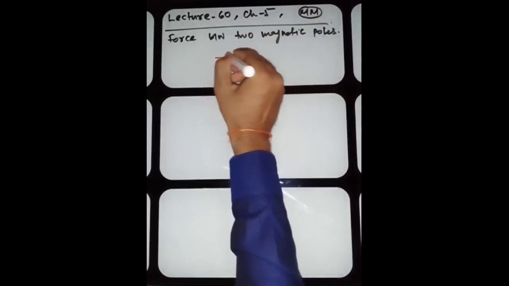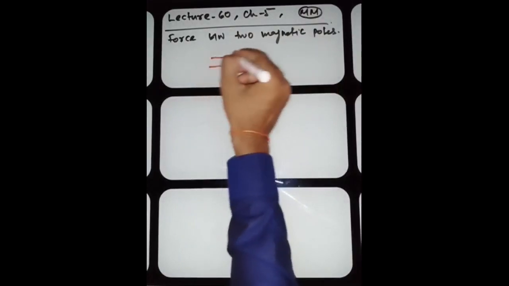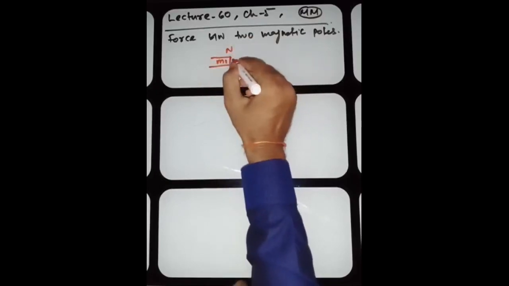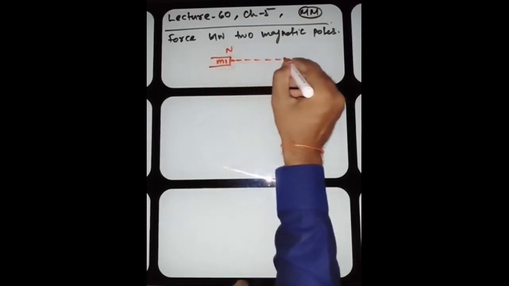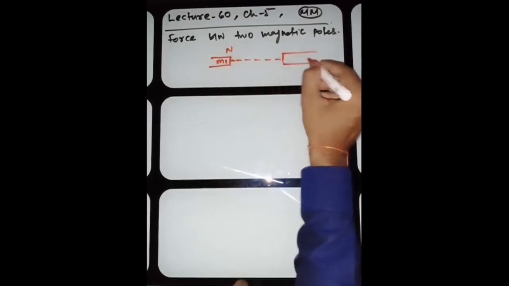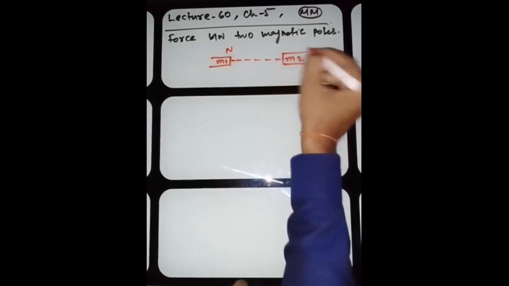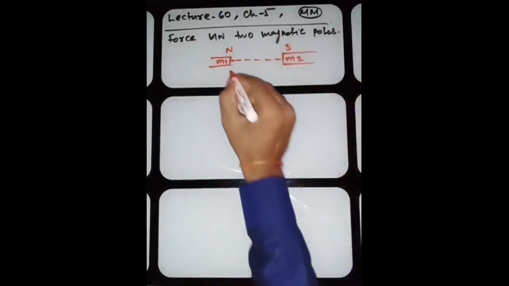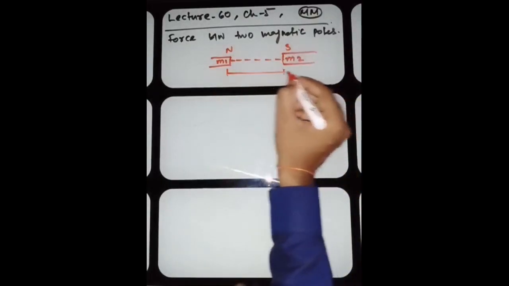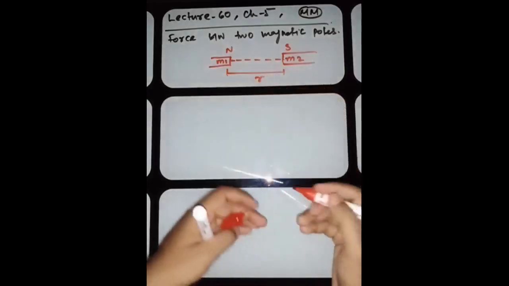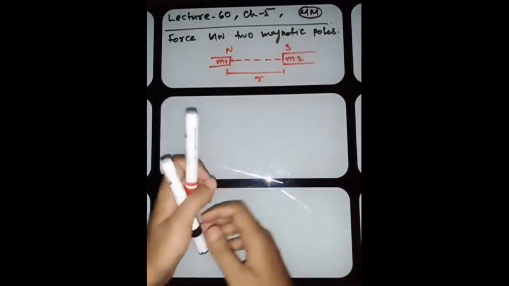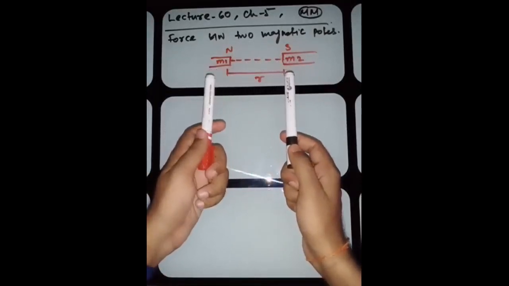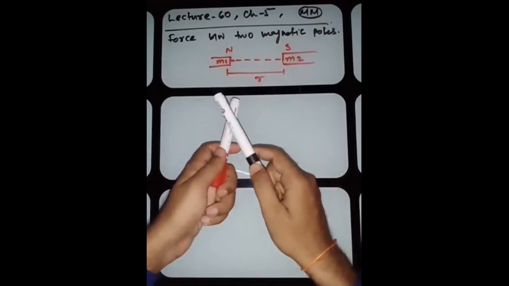Here we have two poles. Suppose this is the north pole and the pole strength is M1. At some separation, another pole is kept. Suppose its pole strength is M2, and this is the south pole, and the two are separated by the distance R. Now we know that the two are of opposite nature, so the north will attract the south and the south will attract the north.